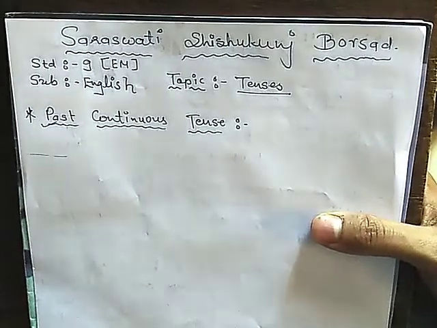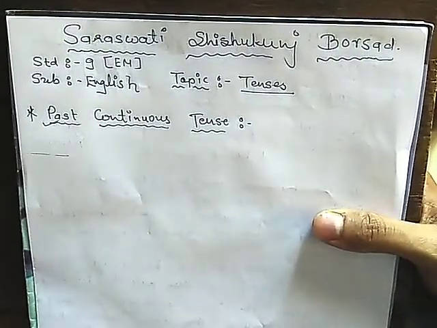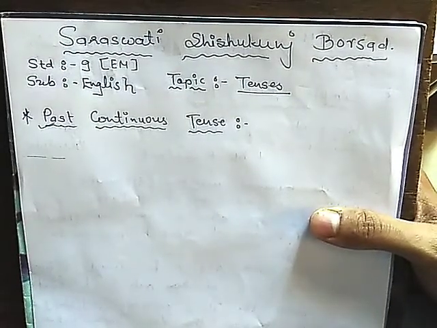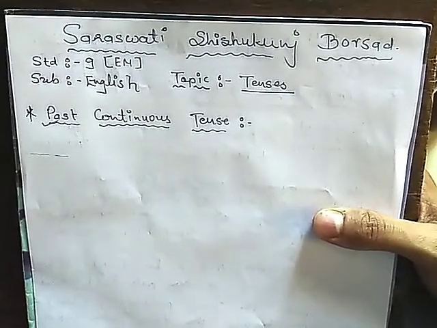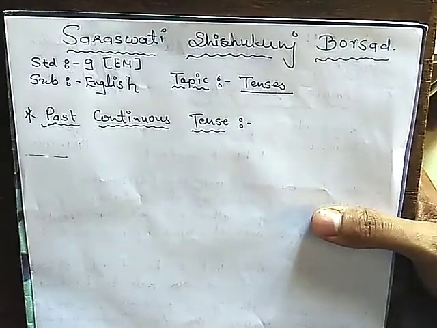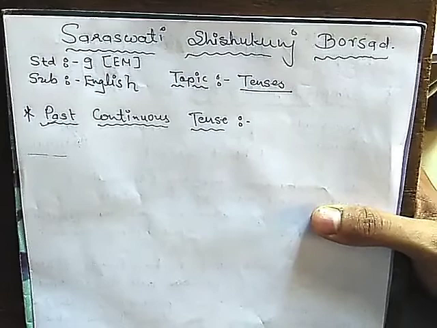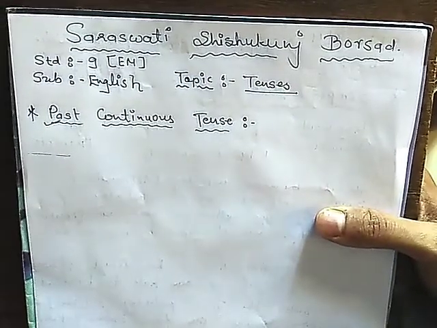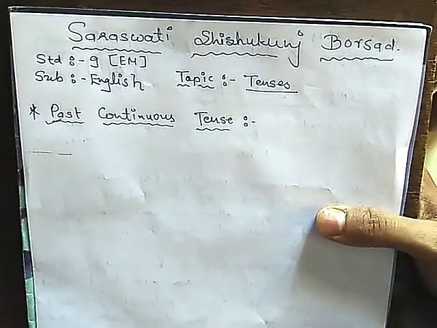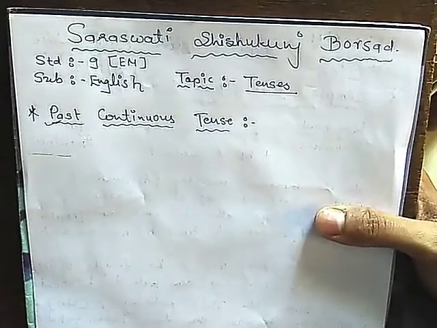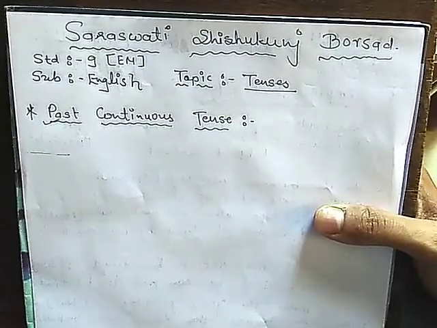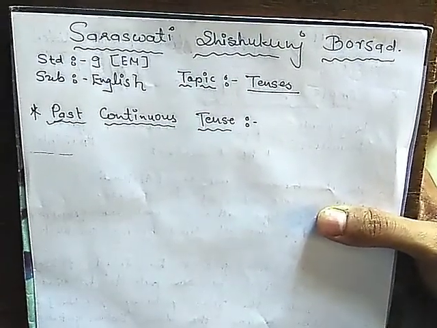In our today's video we are going to discuss one more tense from the past tense, and here you can see the title: past continuous tense. Before we start, let me tell you how many tenses we have completed till now. Till now we have completed 4 tenses of present tense and 1 tense of past tense.